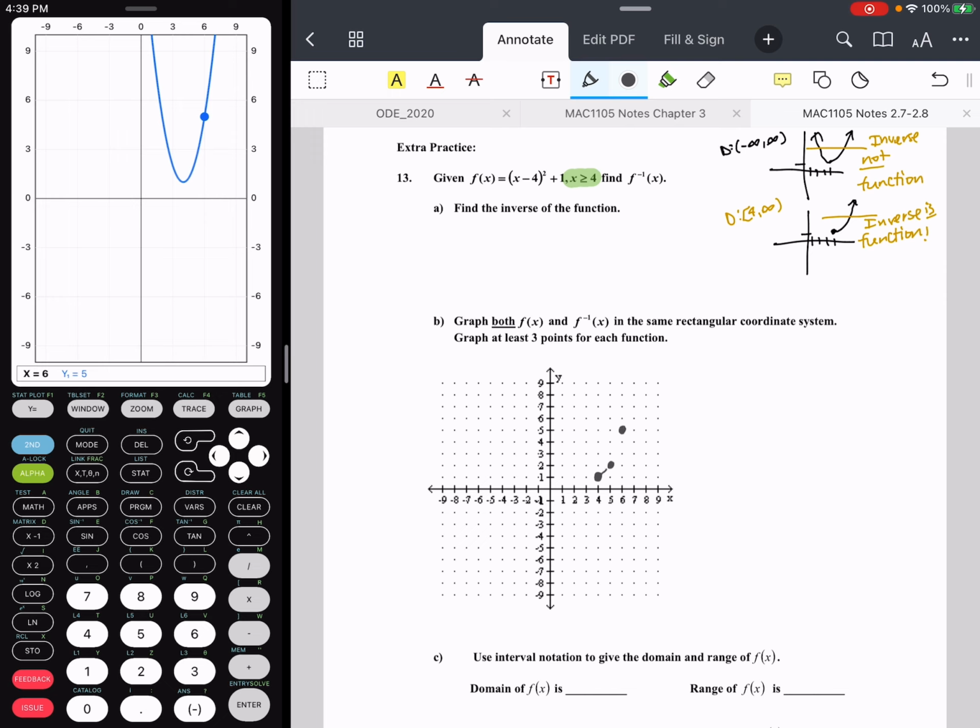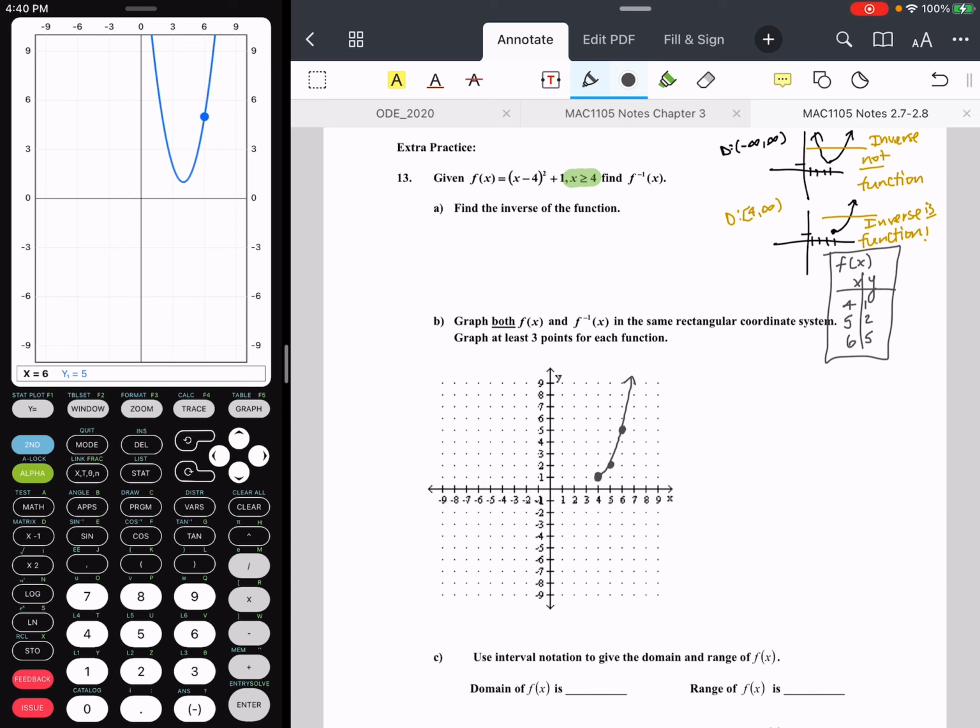Let's just go ahead and graph it using those 3 points. So for my original function, f of x, I'll just write this little table over here for future use. We've got (4, 1), (5, 2), and then (6, 5). Okay, so that's with the domain restriction.